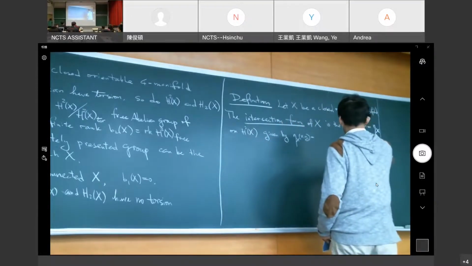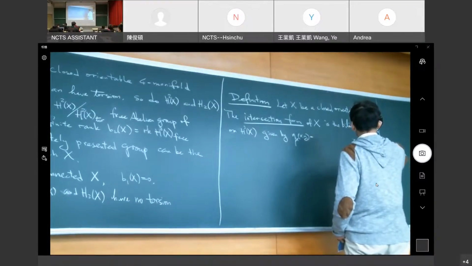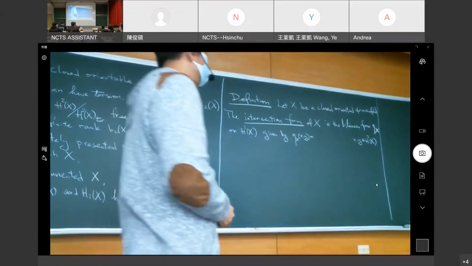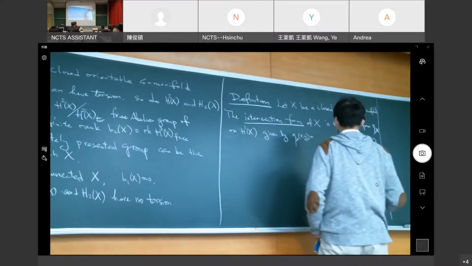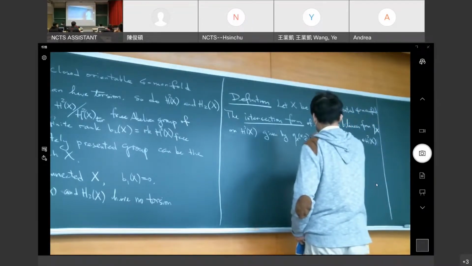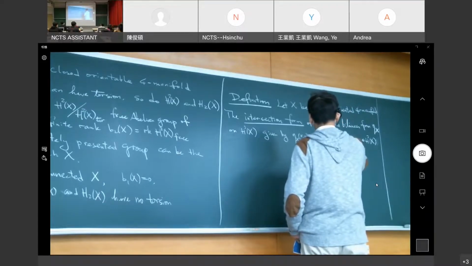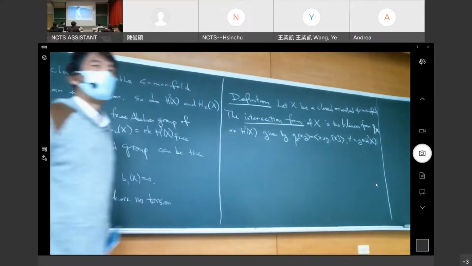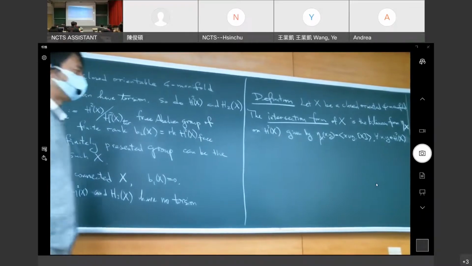So I'm first going to say where small x and y are located. They are second cohomology elements of the manifold, and so the definition is that you first take the cup product and then pair with the fundamental class of X, since X is already oriented, so you do have a fundamental class.